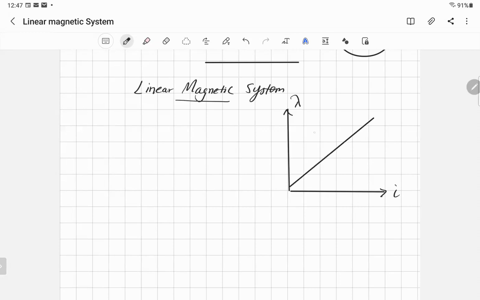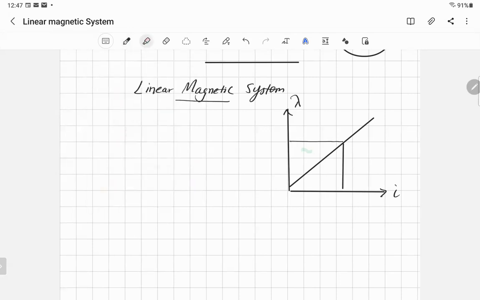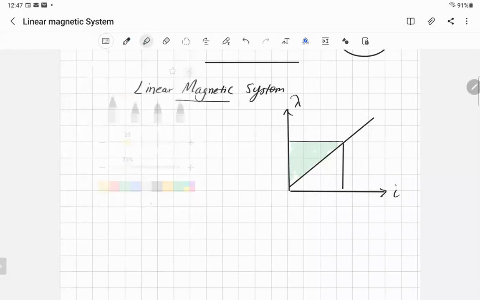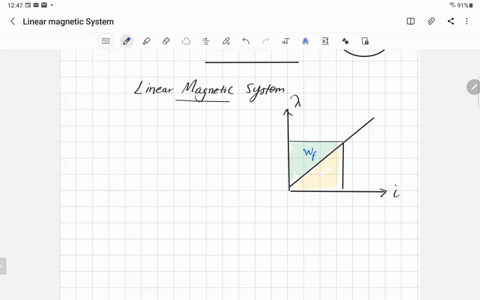And in this case, if you want to find the stored energy and the coenergy, that will be the WF and that will be the coenergy. And this is a certain value of current, and that's a certain value of lambda.